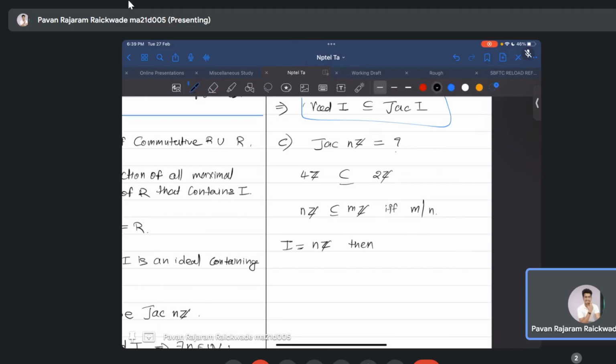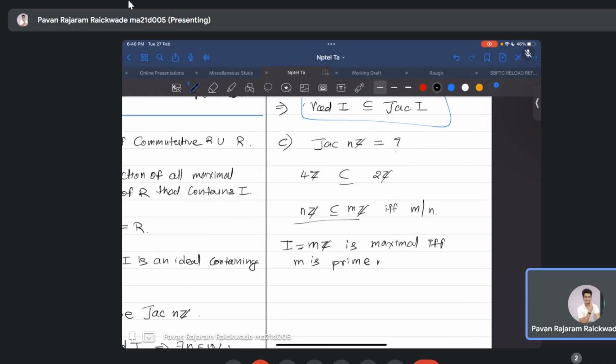From this we can also say that mZ is maximal if and only if m is prime. Otherwise there exists a proper ideal which contains mZ.